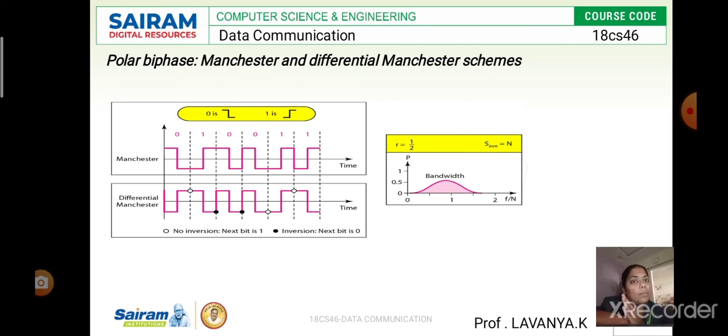If the next bit is 1, suddenly they change the state. So this is the differential Manchester scheme. I'll solve problems one by one in the book, and based on that you will be able to understand the technique. So this is the differential and Manchester technique.